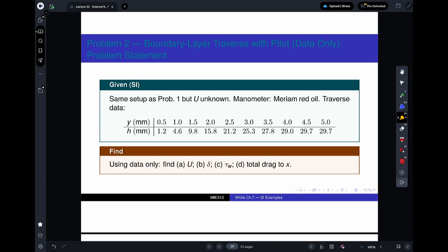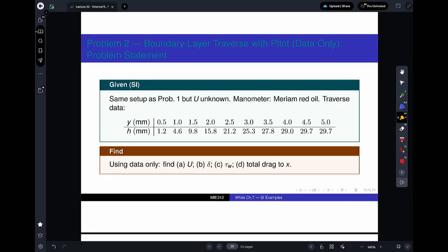Same setup as before, but U is unknown. Manometer, Meriam red oil, traverse data. You start at y of 0.5 millimeters, and you have a head of 1.2 millimeters. You go all the way out to a height of 5 millimeters and a head of 29.7.